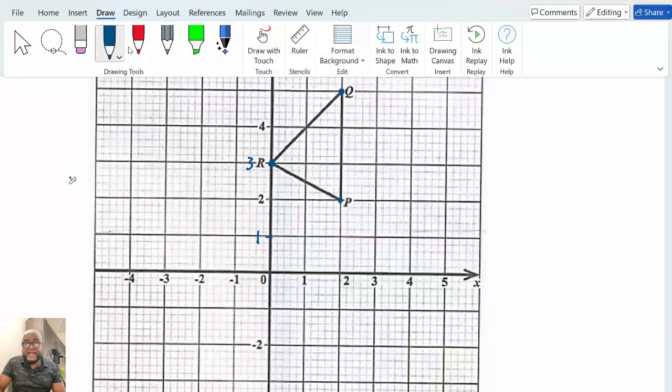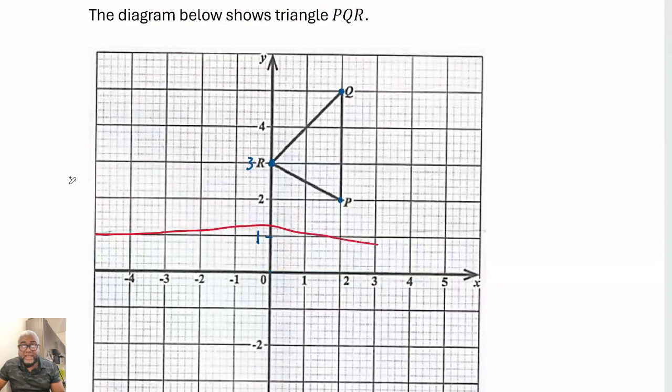To draw the line y is equal to 1, it will be a straight line going through where y is 1. So do that for me now, my children. I'm going to put my little thing here to indicate that it's the image. Right? This is the line y is equal to 1.